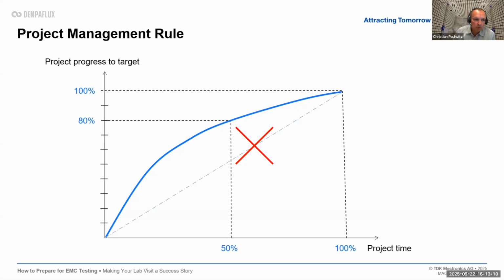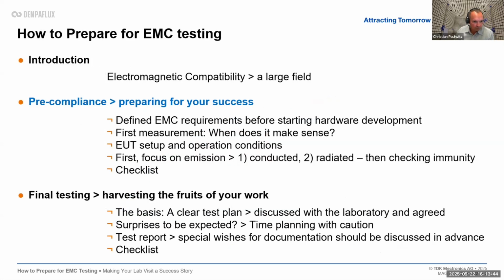Of course, you may be after 50% of your time not exactly at 80%, but rather at 70% or so, and then you can try harder and still reach your target. But if you are not aware of where you should be after 50% of your time, it's really improbable that you can reach your target. But that's valid for any project, not only EMC.